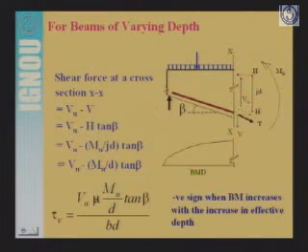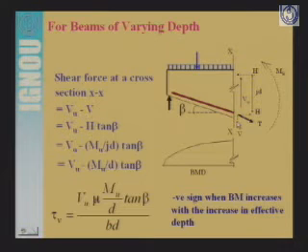So for this arrangement we will see that Vu is the shear force, whereas V, the component of this T, is acting in opposite direction. So the net shear force here comes out to be Vu minus V.